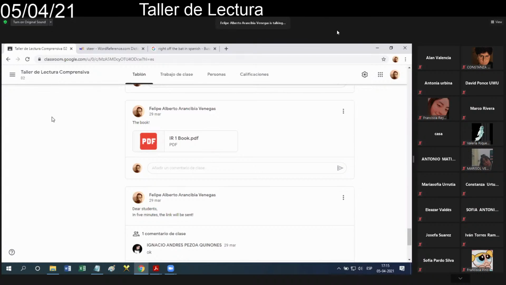Then at 2 p.m. sharp, es en punto, como el alcalde de Valparaíso, sharp. You will receive a link via Google Classroom. Your email is going to notify you that you have received a link. You click on the link, and immediately you will reach the test.